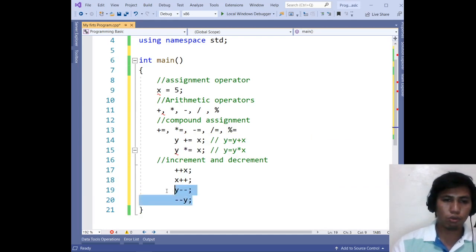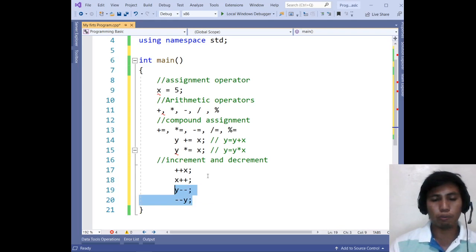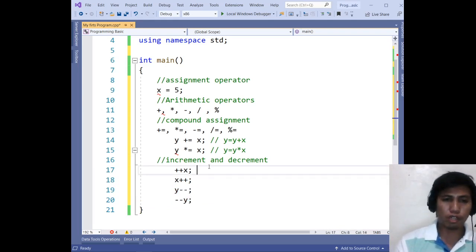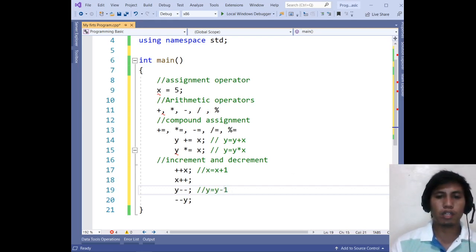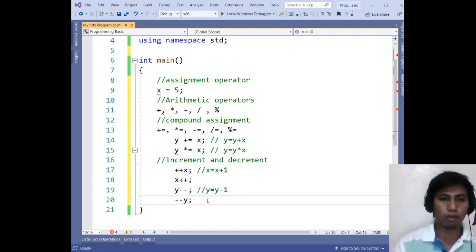So these two, y minus minus or minus minus y, have the same output. Ano po ba ibig sabihin nitong mga to? So x plus plus or plus plus x means x equals x plus 1. For the decrementation, that is just subtraction. So we have y equals y minus 1. So that is the decrement and increment operator.